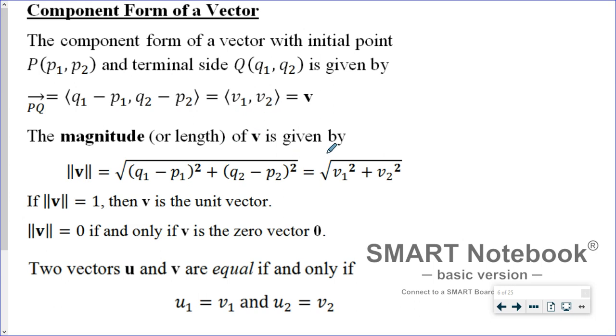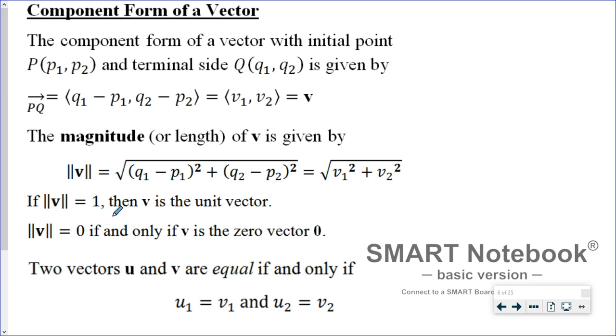The magnitude or length of vector v is given just like we did before using the distance formula. So Q1 minus P1 squared plus Q2 minus P2 squared. Once we have it in component form, it's actually much easier. All we have to do is v1 squared plus v2 squared, all under a square root.